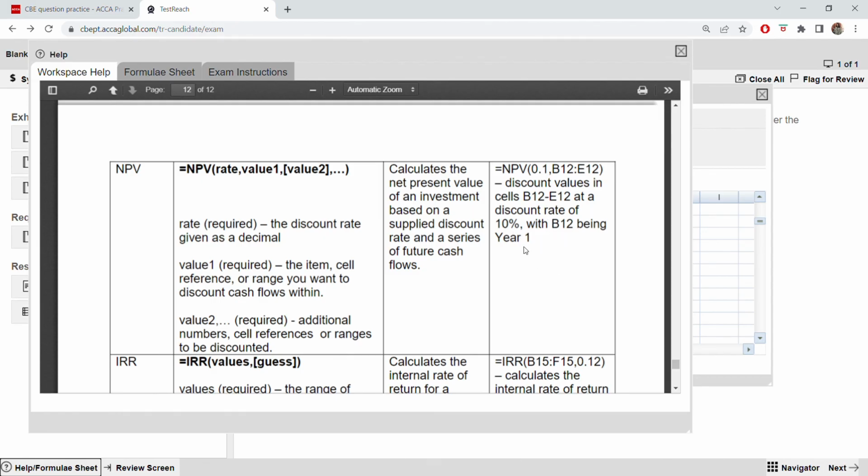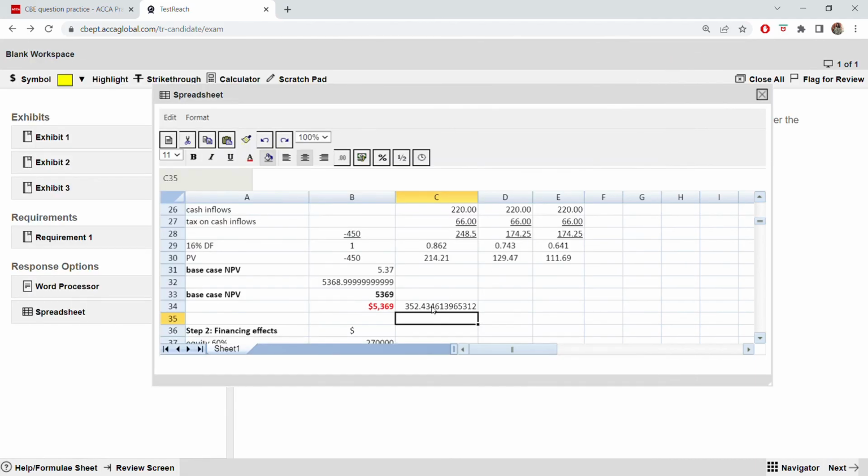With P12 being year 1, one, two, three. Something is wrong.